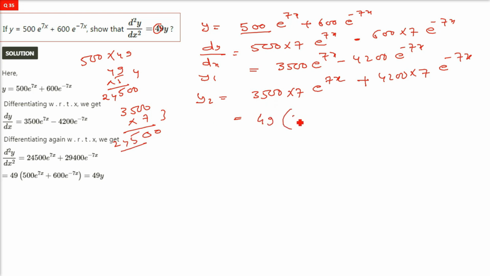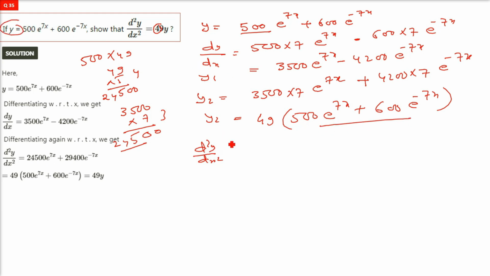So 49, if you take outside, you can have 500 inside e raised 7x. Similarly, in the same fashion, if you take 49 outside, it will be 600 inside e raised minus 7x. This is y2, that is d2y by dx2. This is equal to 49, and what is this? This is y only. If you see, the question is y only. So 49y. This is how we prove it.